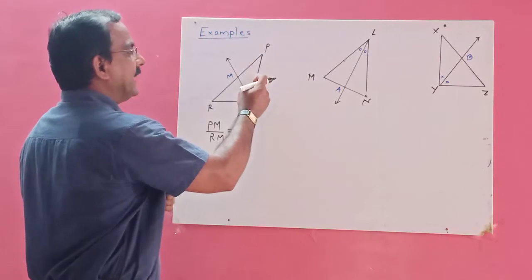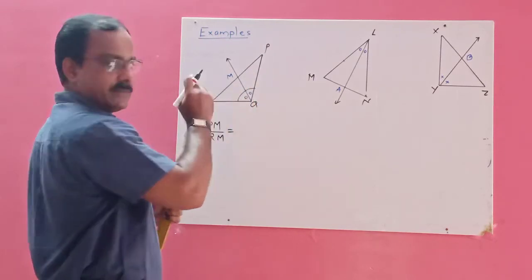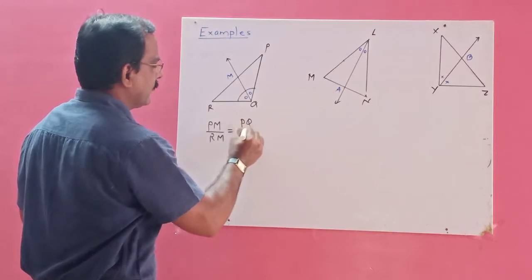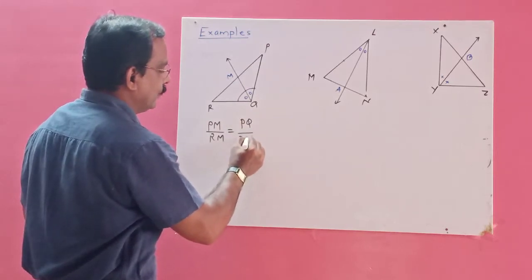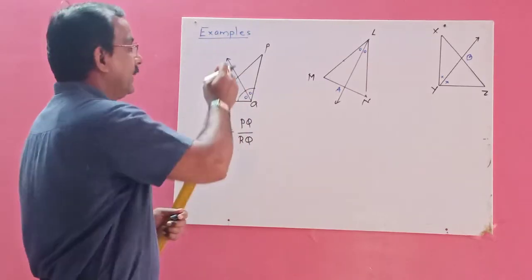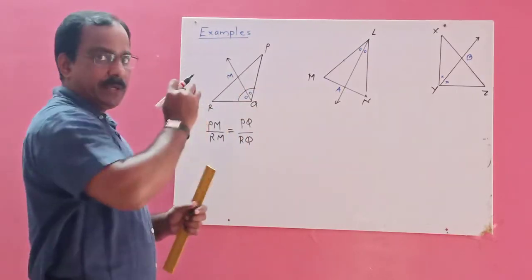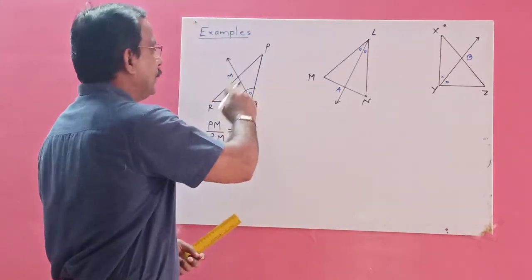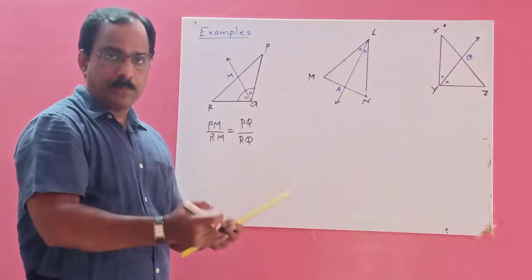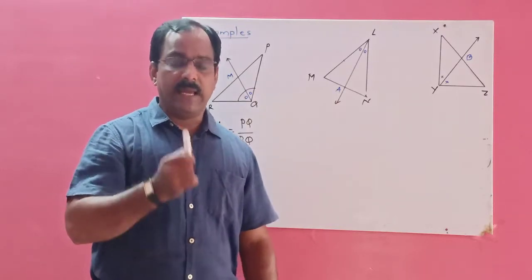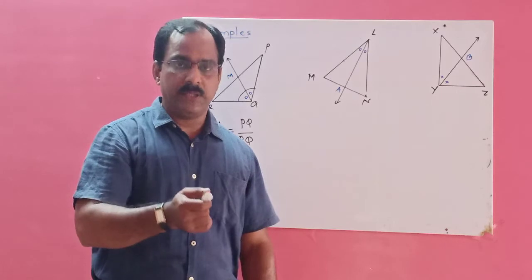So remaining two sides means this and this, that is PQ and RQ. So if it is given that ray QM is the angle bisector of angle Q, in that sum you can apply the angle bisector property.